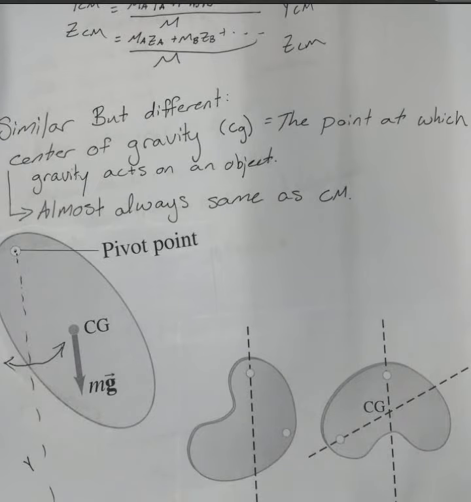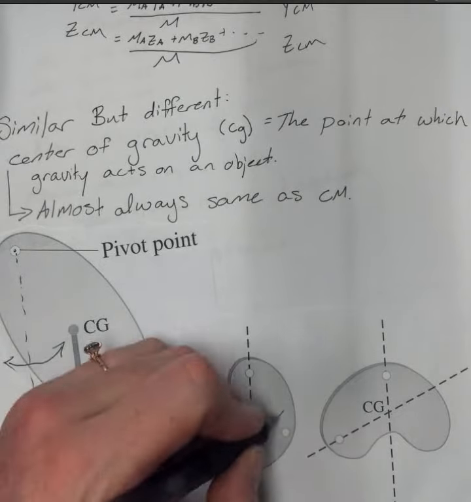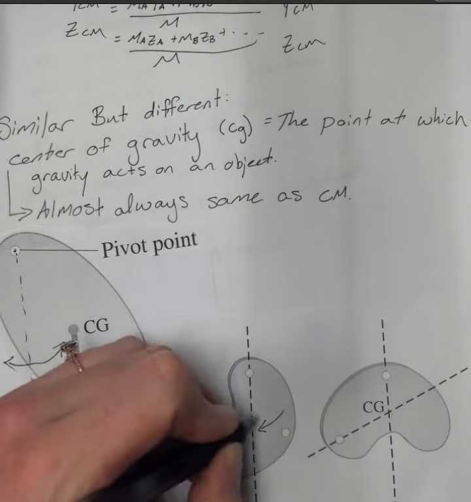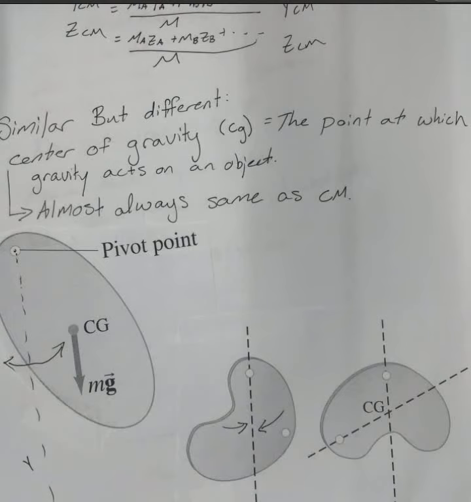If you've got a nice symmetrical object like this, you only need one pivot point. If, however, your object is asymmetric, you're going to need 2 pivot points, and once it stops swinging, the 2 pivot points will give you the center of mass. So this asymmetrical object is going to swing back and forth on its axis until its center of gravity is located directly below it.